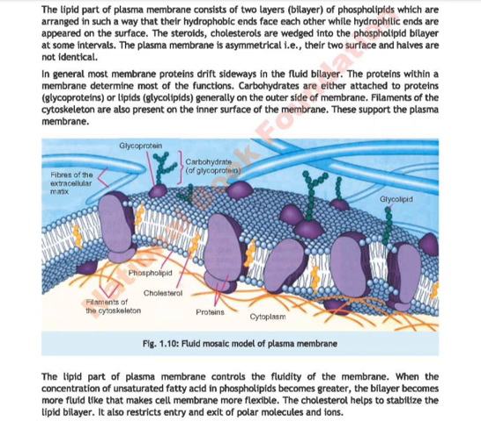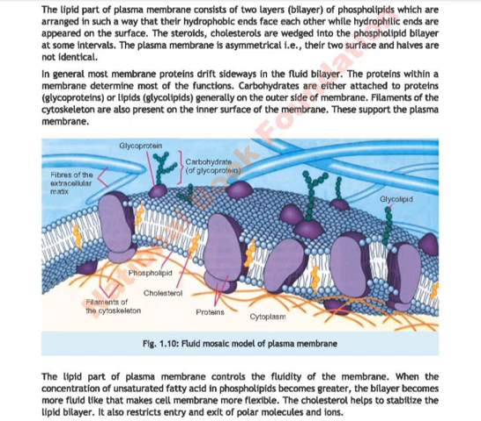The lipid part of the plasma membrane consists of two layers of phospholipids which are arranged in such a way that their hydrophobic ends face each other, while hydrophilic ends appear on the surface.